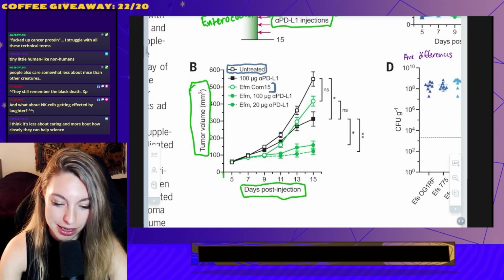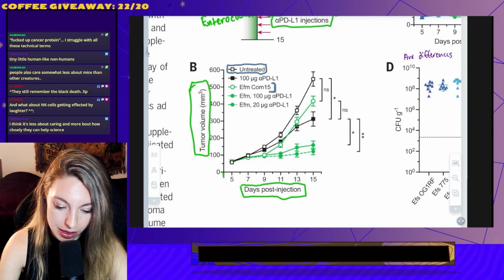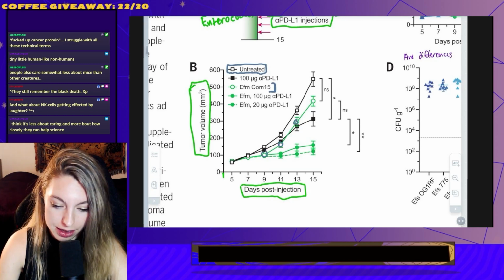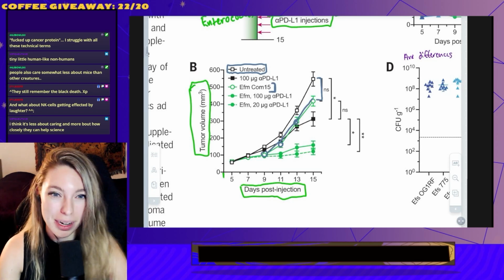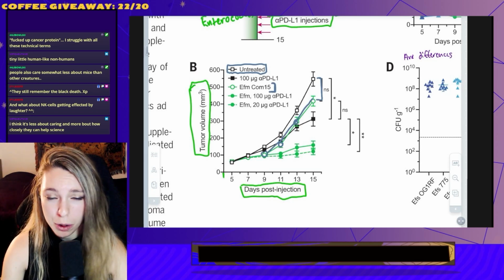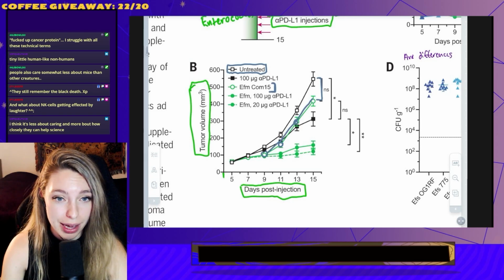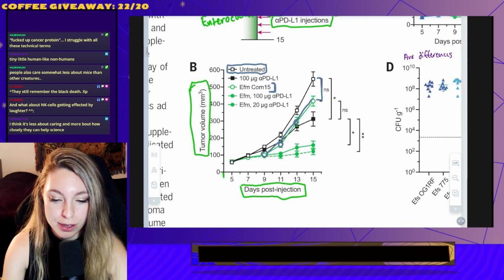And they put the bacteria into the drinking water alone. Now, what you'll notice about this condition, which is these green circles here, is that the tumor grows out pretty much the same as the untreated. There is a slight difference. It's slightly smaller, but it's not considered significant. So what this tells us is that the bacteria by themselves is not enough to control the tumor.